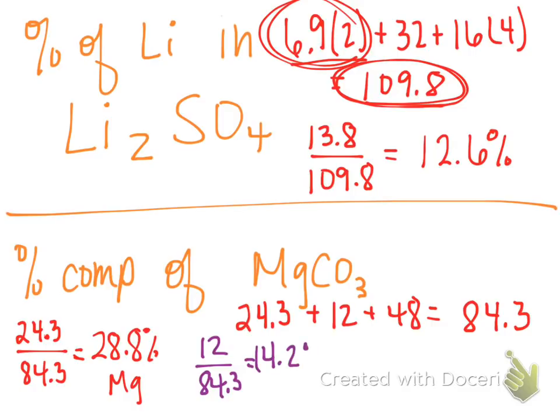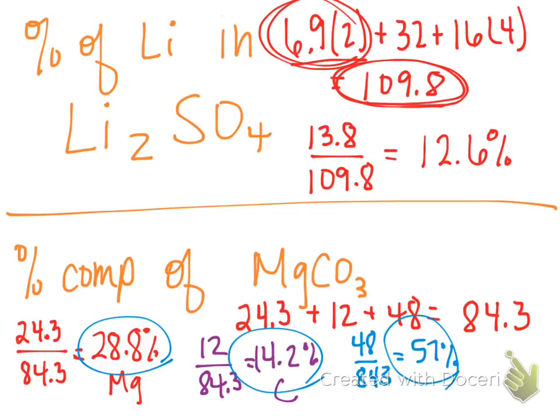14.2. And that's carbon. And for our oxygen, we take 48 divided by 84.3, 57%. So if we add all those together, 28 plus 14.2 plus 57, 100. Perfect, right?